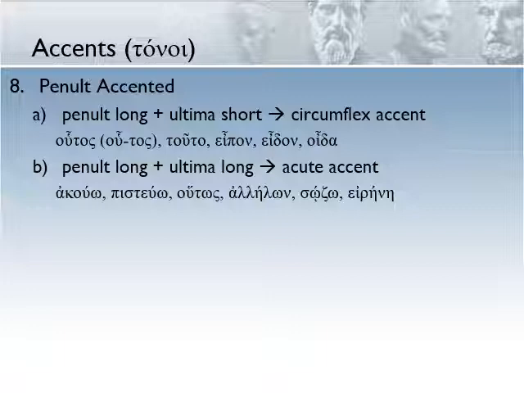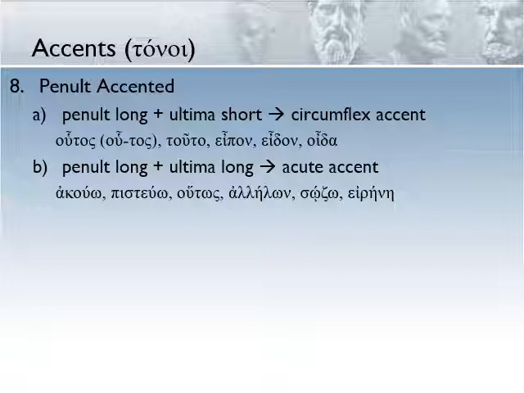Look at these examples. Akuo. Now akuo has 3 syllables. The ultima is just the omega. The penult is your omicron epsilon, a digraph, and so it's long. And the antepenult is alpha. We're only concerned here with the ultima and the penult. The penult is long.